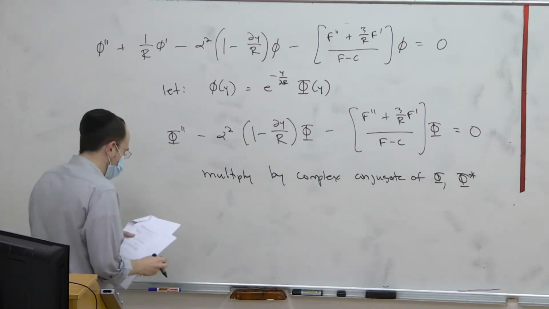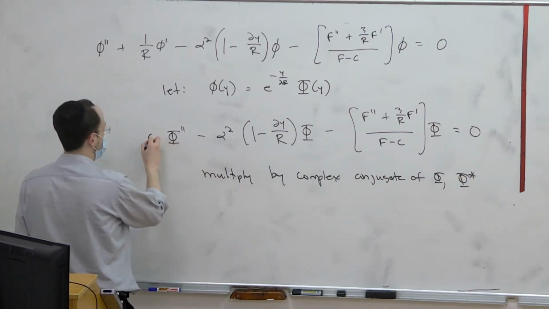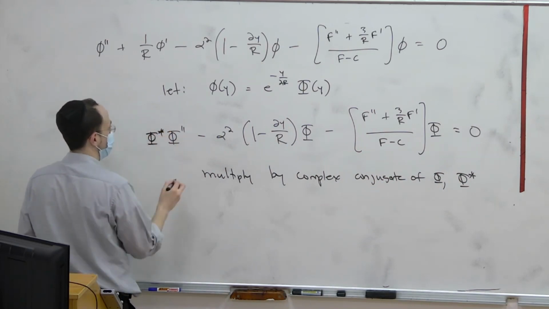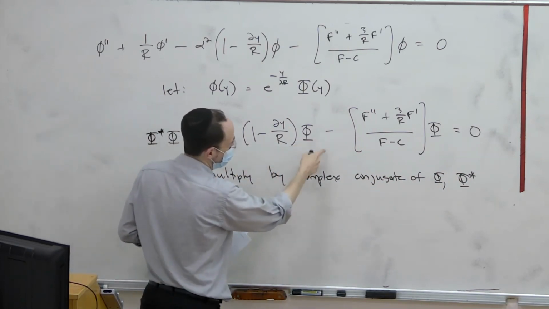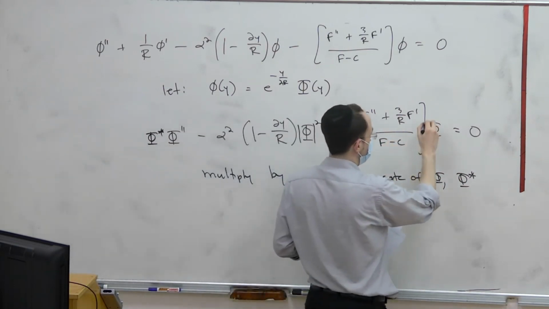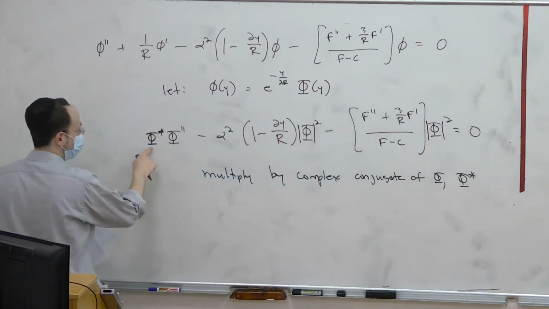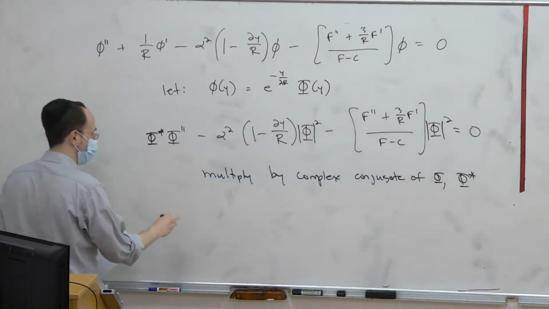So if I multiply through by the complex conjugate, here the thing times the complex conjugate just becomes the thing squared. And here, the thing times the complex conjugate becomes the thing squared. And then we just have this term, which we have to deal with.